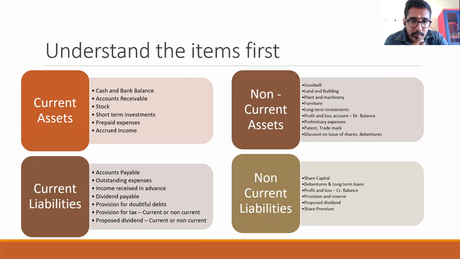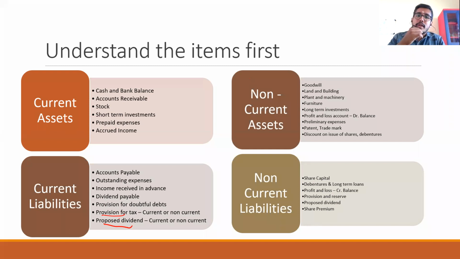Are you there? Yes, sir. Provision for tax will also be treated as non-current liability. Mostly while doing the problem, please understand this: provision for tax and proposed dividend will be treated as non-current liability only. While doing the problem, I'll tell you what the treatment is. So these are the new terms.